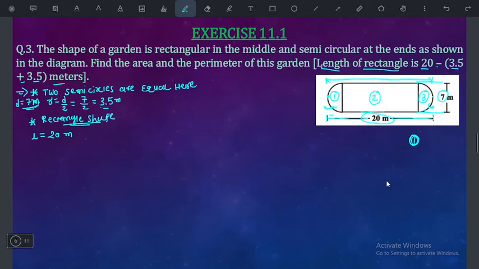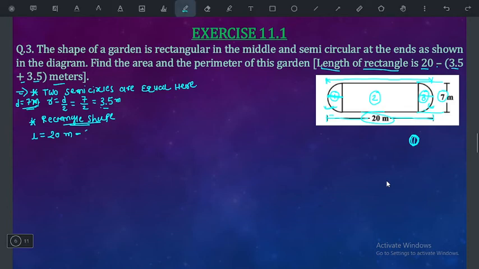So I write down 20 meter minus the radius, that means the distance from here to here, which equals 3.5, and the distance from here to here is also 3.5.